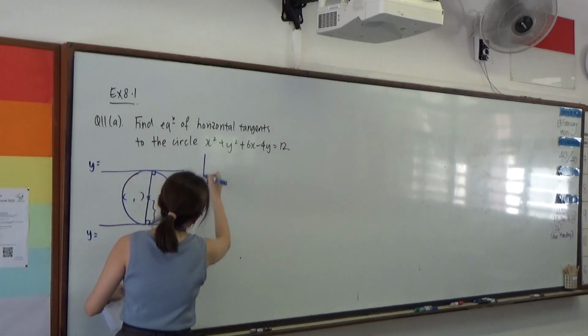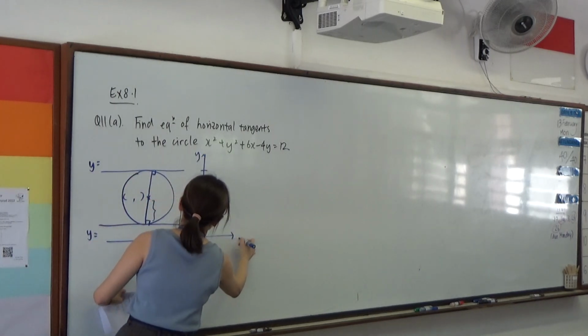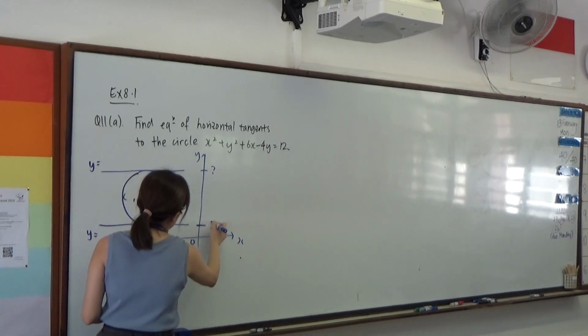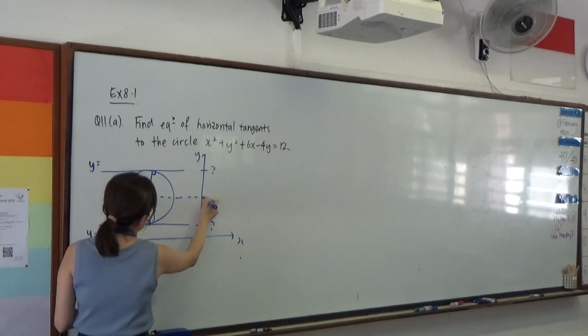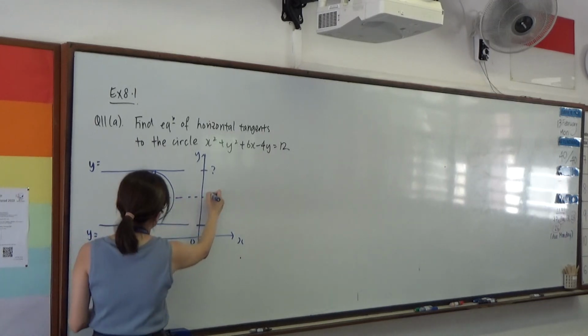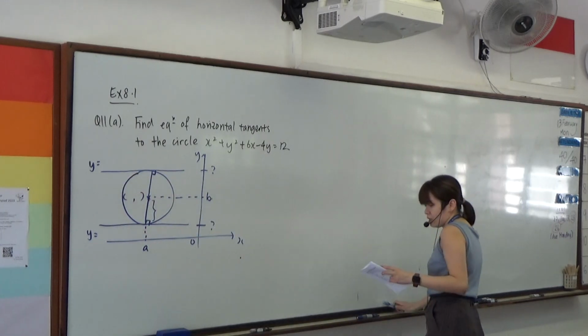So I must know what the y values are. If I draw my x and y axes, what's the y value here and what's the y value here? We reference from the center coordinates A and B. That's a diagram that we use to guide ourselves.